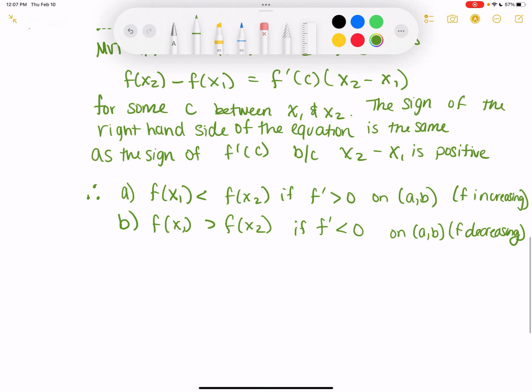Okay, and then let's see. There's another corollary. Functions with f prime, or the derivative, being equal to 0 are constants.